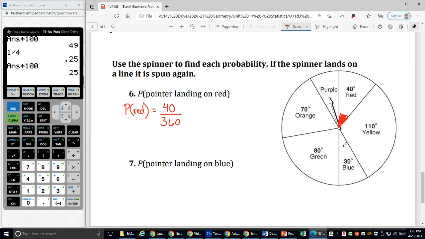Not all circles give you the same data. Sometimes they might have this broken down into, maybe they surveyed some people and asked, what's your favorite color? And 40 people said they chose red, and a different number said they chose yellow, and blue, and green, and orange.